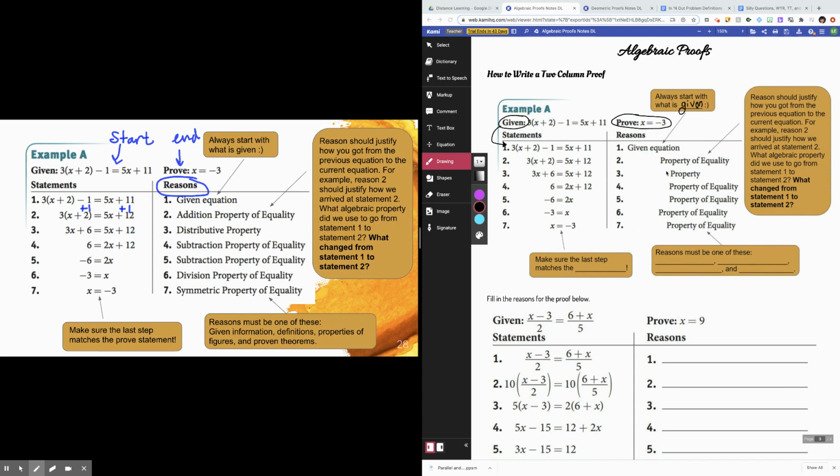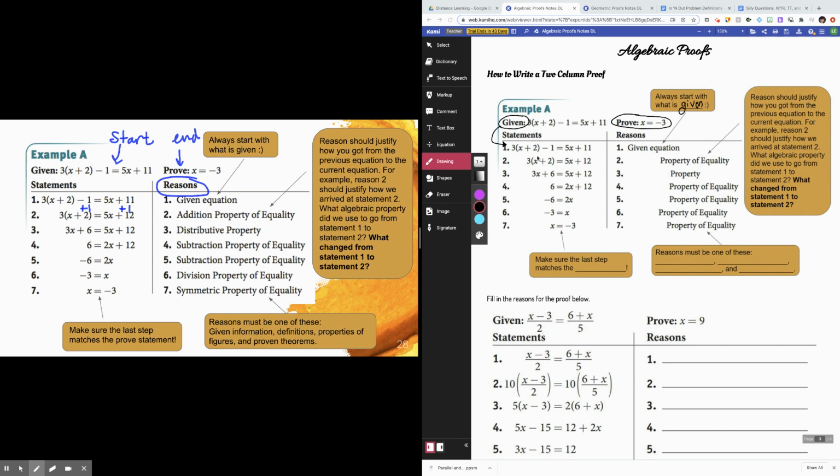Because sometimes it can be hard to match the reasons to the correct statement and put them in the right order. So the question you want to ask yourself always when you're writing a proof is, what changed from statement 1 to statement 2? What did I do to go from step 1 to step 2? That's always what your reason is for your result for step 2.